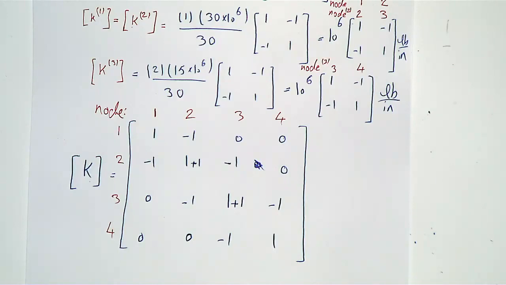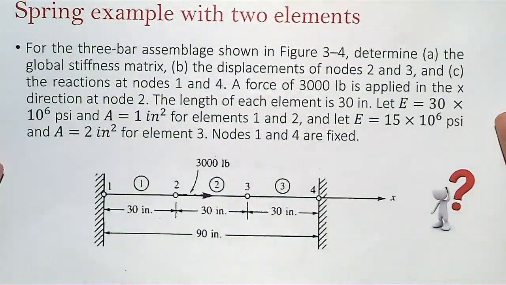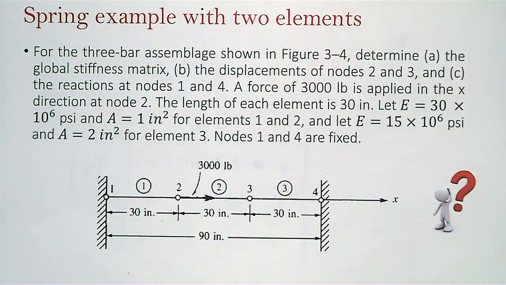Now the next step is introducing the boundary conditions. So let's have a quick look at the problem that we want to solve. What we know from the boundary conditions here is 2 nodes have 0 displacement, node number 1 and node number 4, which means U1 and U4 should always be 0.